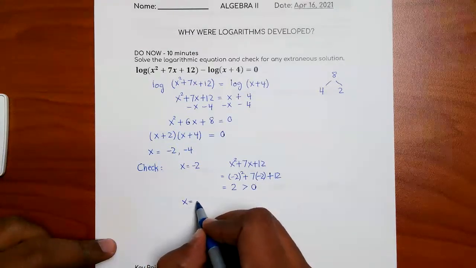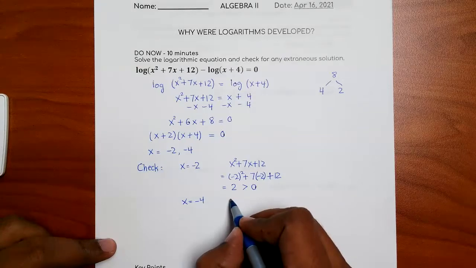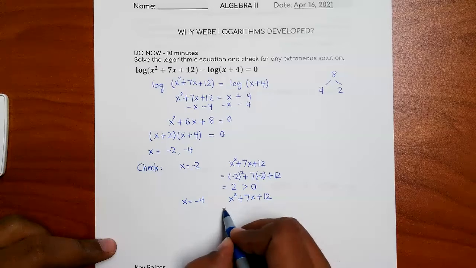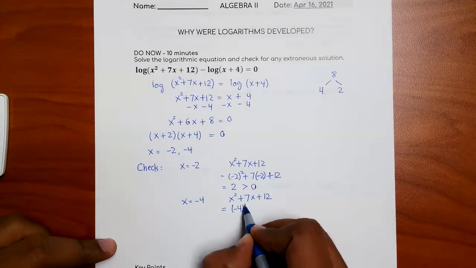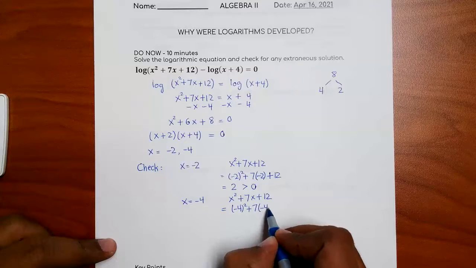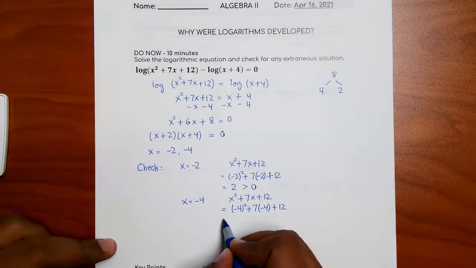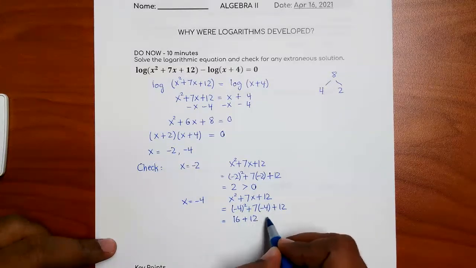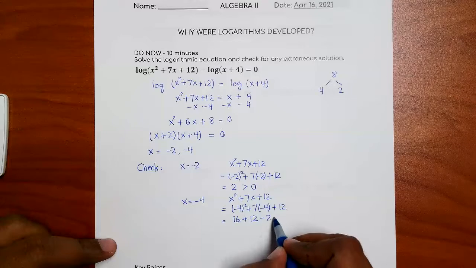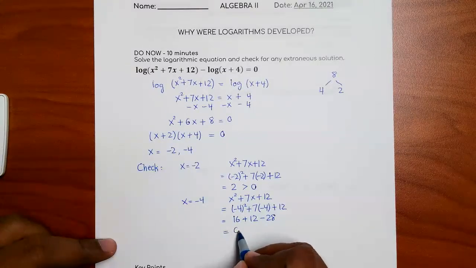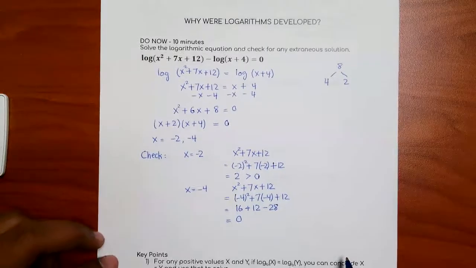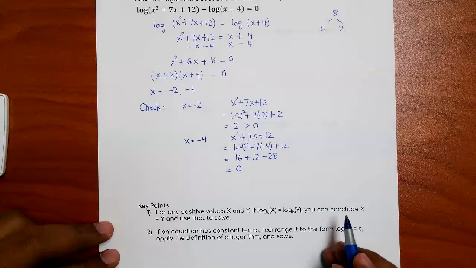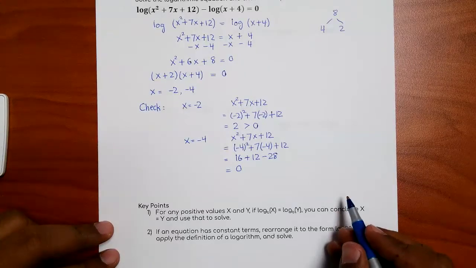And if I have x as negative 4, then x squared plus 7x plus 12, again I will replace x with negative 4. So negative 4 squared plus 7 times negative 4 plus 12. So I will have 16 plus 12, which is 28, minus 28. So this time I have a value of 0. Okay, remember, whenever we have a 0 value or a negative value, the log for that will be undefined.